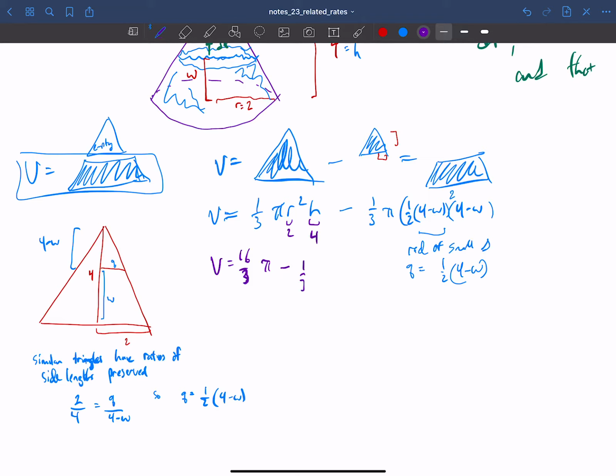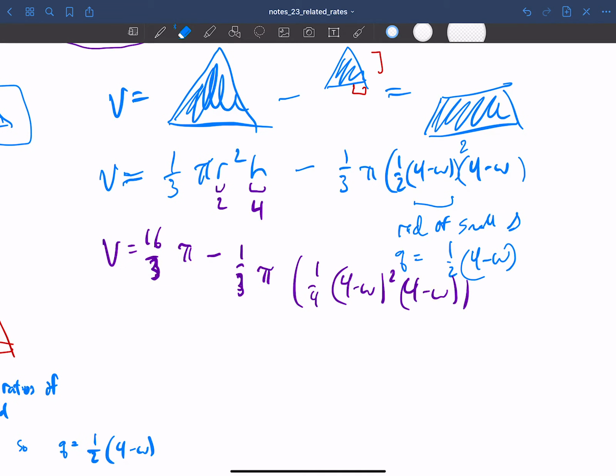a third of pi times, we could take that half and merge that together with that third right there. But that half is squared. Let's do this step by step. Let's not get ahead of ourselves. A third of pi times 1/4 of 4 minus w squared times 4 minus w. And at this point, some of those parens are unnecessary, so I'm going to erase those.